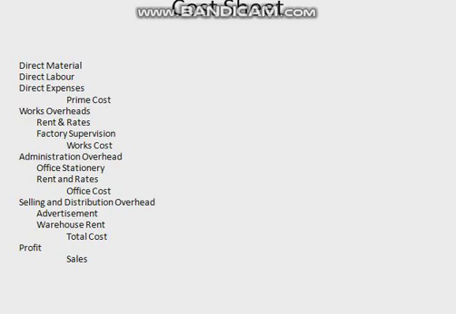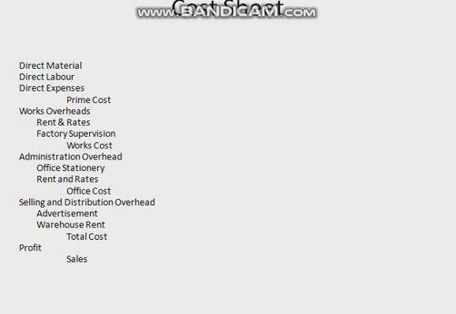First we write direct material, direct labor, direct expenses, and when we add all the three direct, that is direct expenses are also known as chargeable expenses, we get prime cost. And in prime cost we add works overheads.